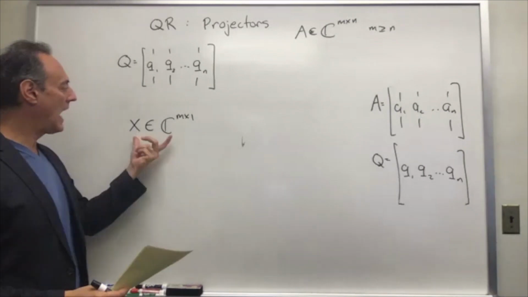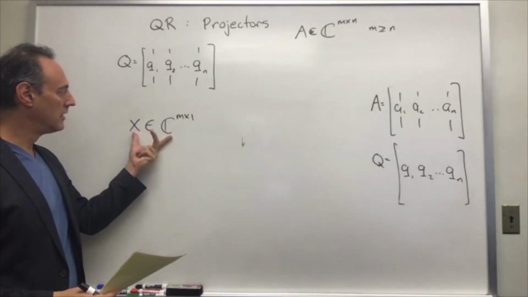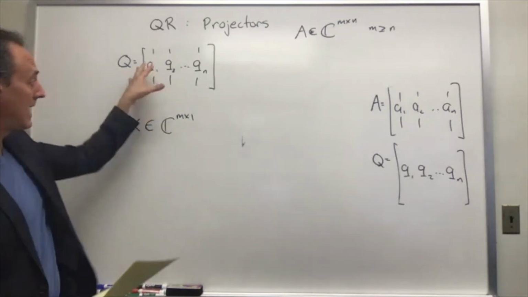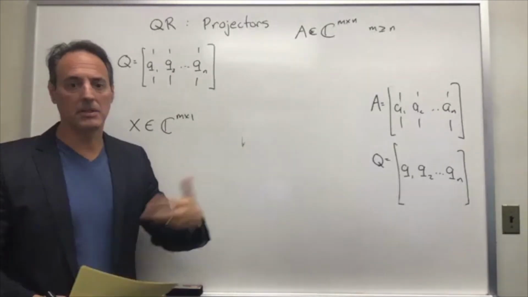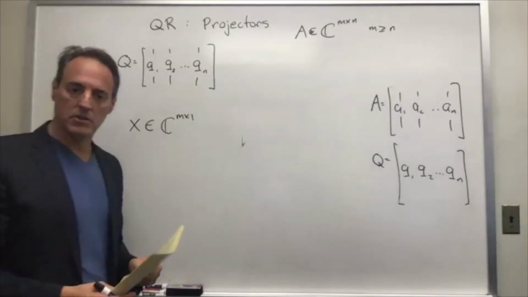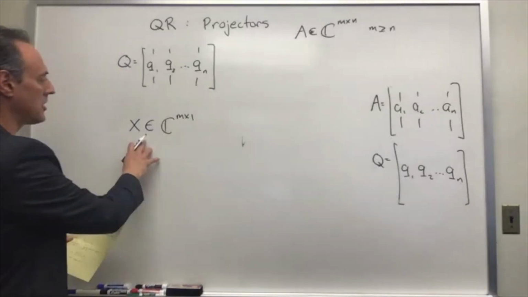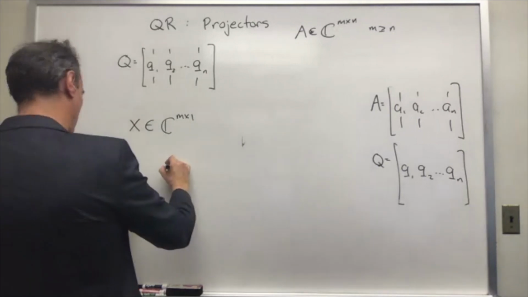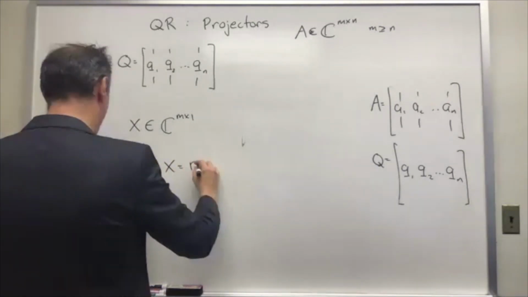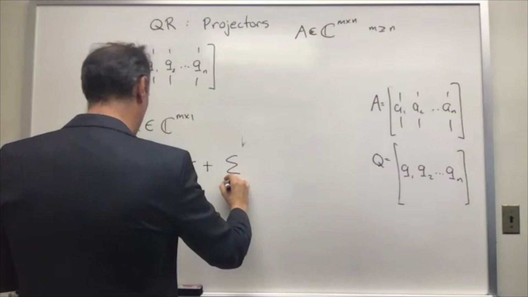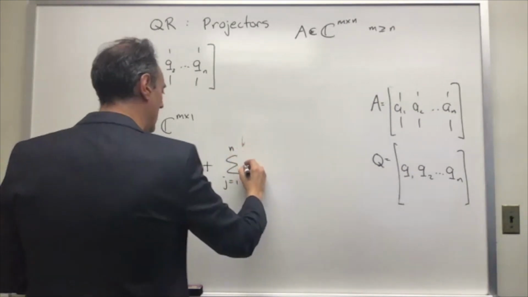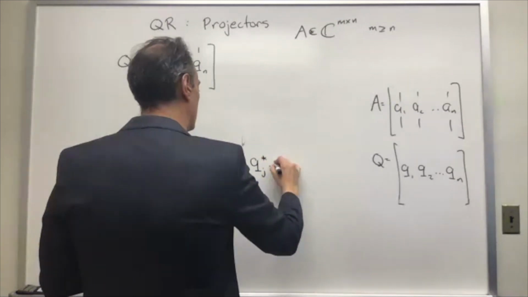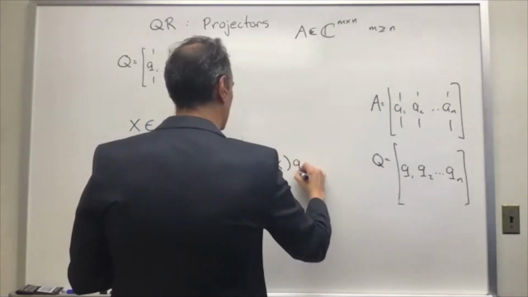The question is, how would I represent this vector in terms of Q, a space that spans n dimensions, plus something else? Let me show you what this looks like. The way to generically represent X given this Q matrix is something like this: X is equal to R plus the sum over J equals 1 to N of QJ star dot X times QJ.